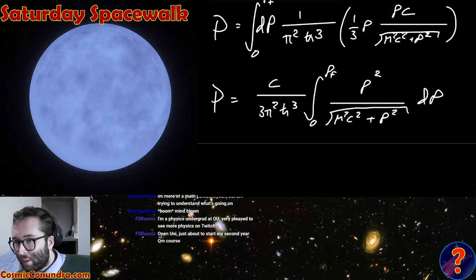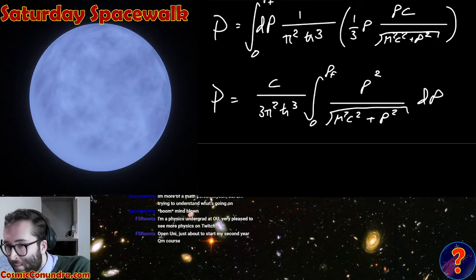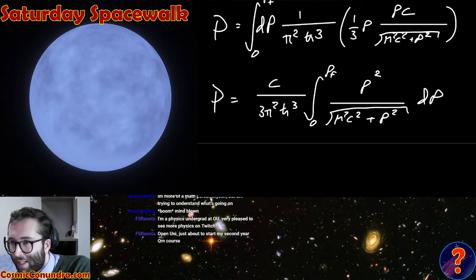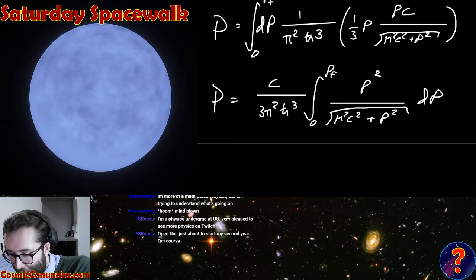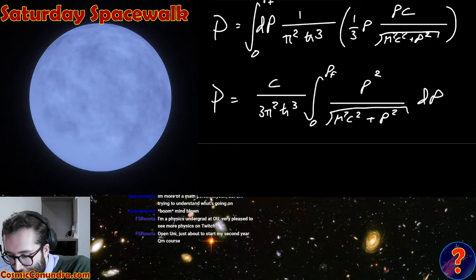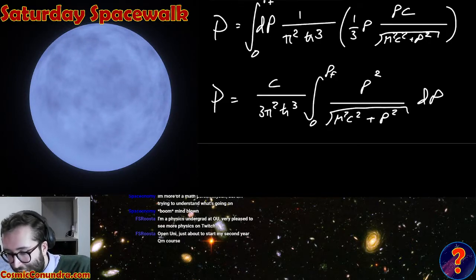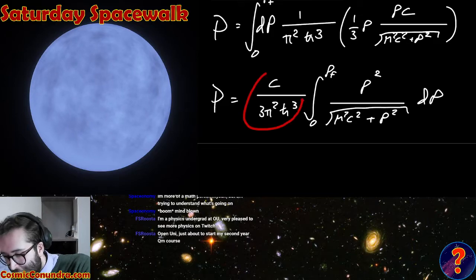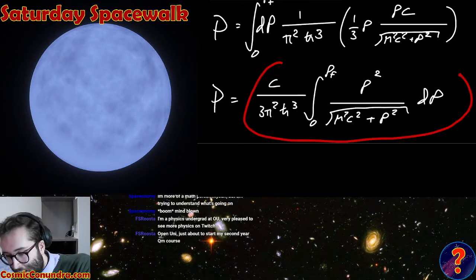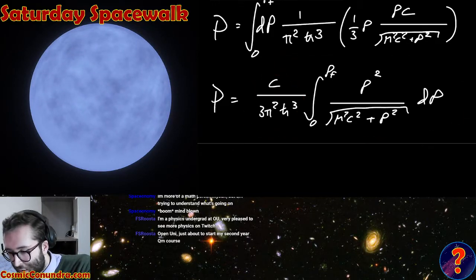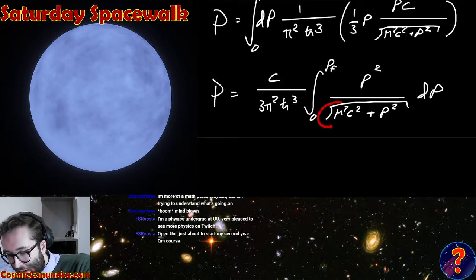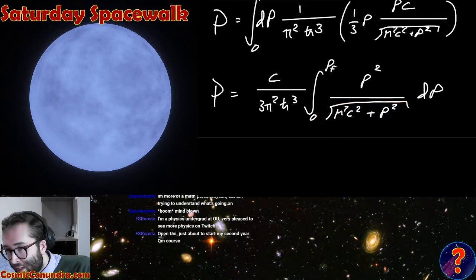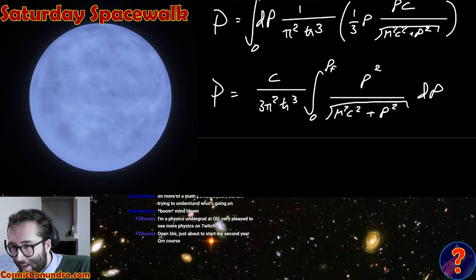So we'll think about two different limits of it, and ultimately we'll only really consider one of them, which is more important. This integral here, with the constant in the front, will give us the pressure of a degenerate electron gas. But we can do something to simplify this denominator depending on which particular limit we're in.